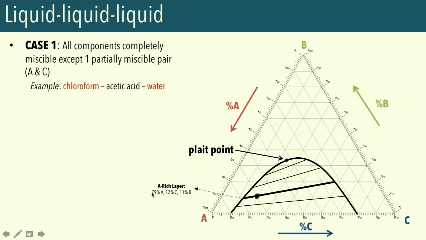The A-rich layer is going to be 79% A, 12% C, 11% B, and the C-rich layer is going to be 23% A, 57% C, 20% B.